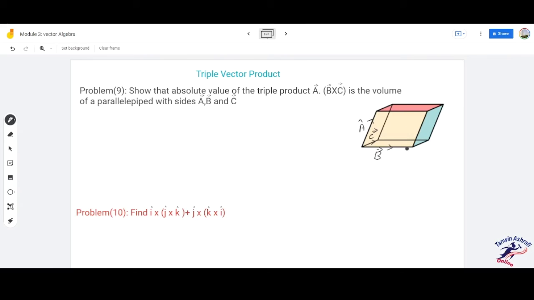What we have learned is that when we talk about the volume of any structure, the volume is height multiplied by the area of the structure.